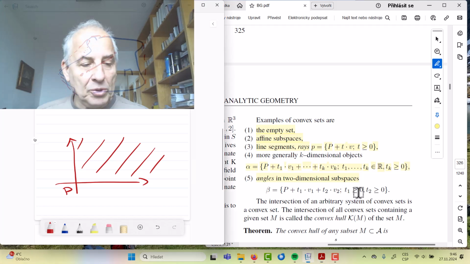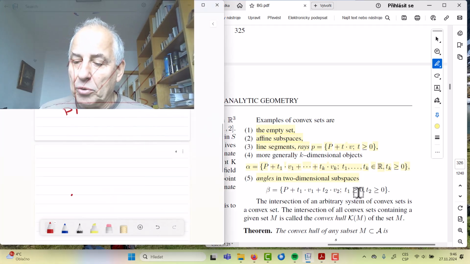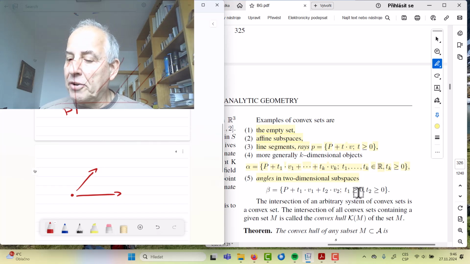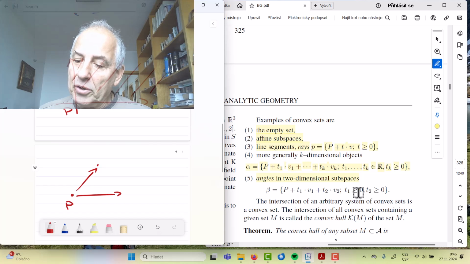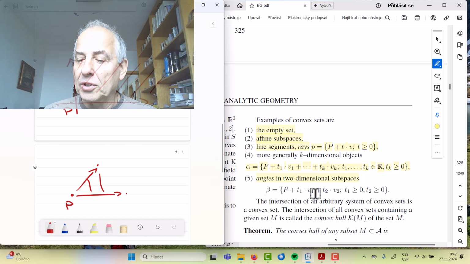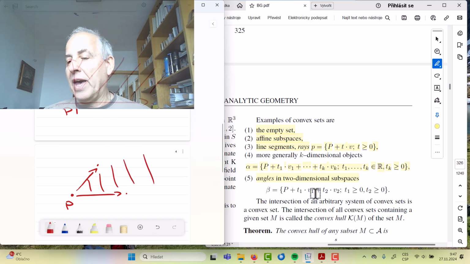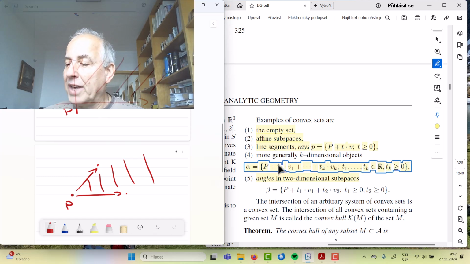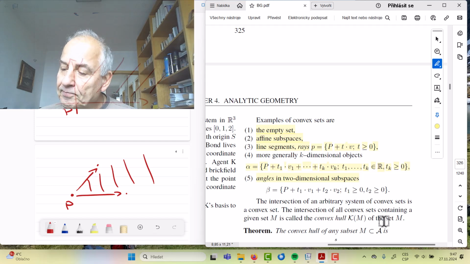So it will be something like you take two vectors and you take any of their affine combinations, this is again the P, and you take affine combinations of these 2 points where we request that the coefficients are positive. So it's something like this, right? The angle in the plane, but the plane is a special case. So it's actually a special case of the previous one.